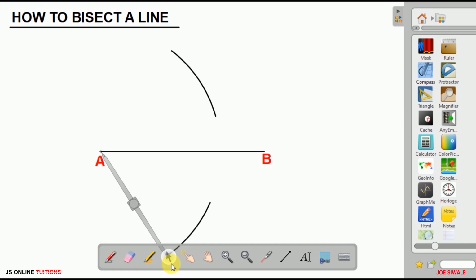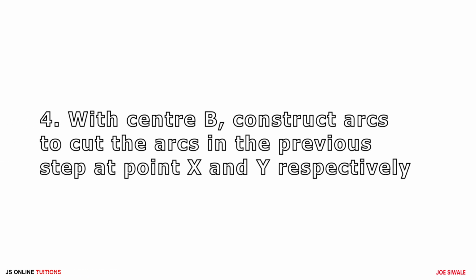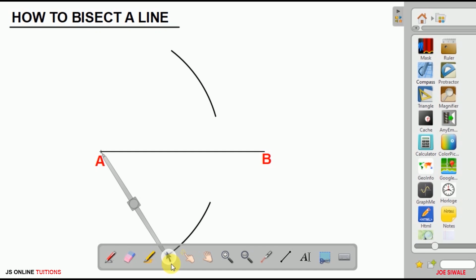Let us now look at the fourth process. With center B, construct arcs to cut the arcs in the previous step at points X and Y respectively. So we are going to put our compass on point B, and we're going to construct arcs above and below line AB. So let us do that.